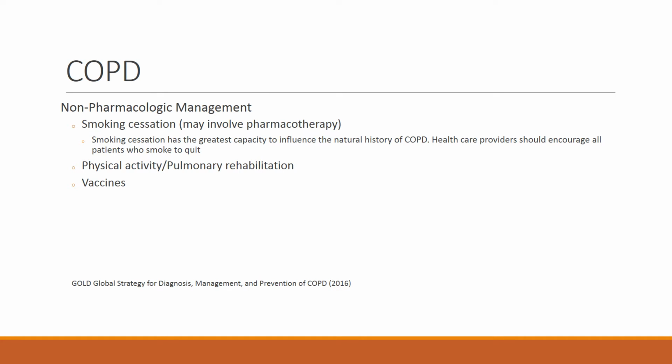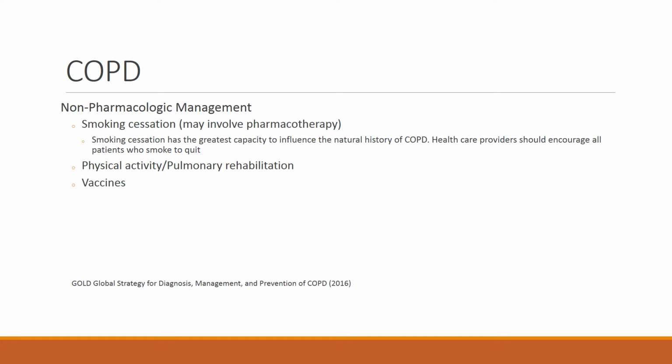The cornerstone, and the GOLD guidelines will verify this, is to stop smoking. This is from the GOLD guidelines: smoking cessation has the greatest capacity to influence the natural history of COPD. Healthcare providers should encourage all patients who smoke to quit.